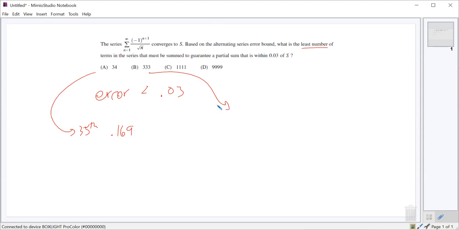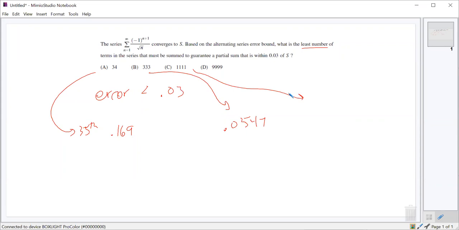This one, the 334th term, if you do that one, you end up with 0.0547, which is still more than 0.03.